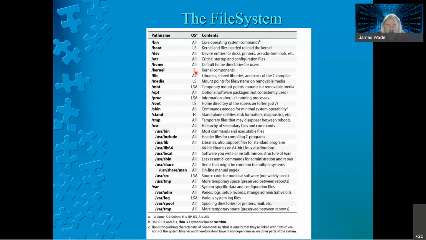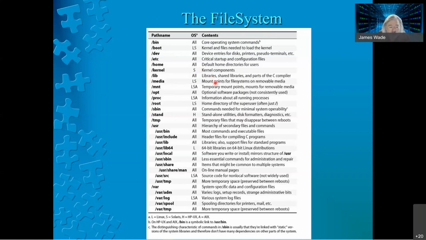So it depends on the operating system, but wherever it says all, it's pretty much all flavors. Like /lib is across all flavors, libraries, shared libraries, parts of the C compiler. These are used by programs and the operating system for additional code to basically make available for our programs to run.